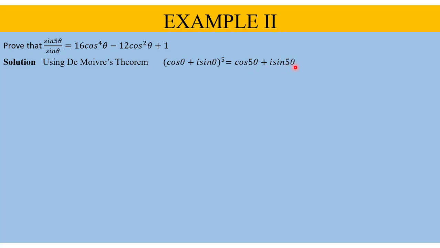That is the first step. Then the proceeding steps will be cos 5 theta is equal to the real part of cos theta plus i sin theta power 5, and sin 5 theta is equal to the imaginary part of cos theta plus i sin theta power 5.